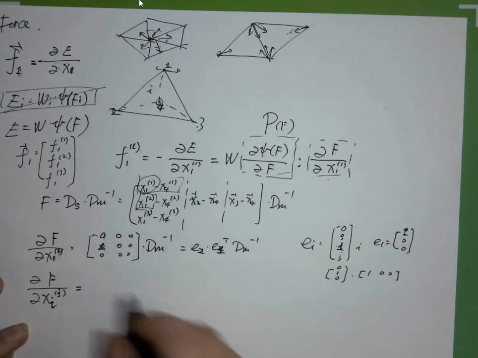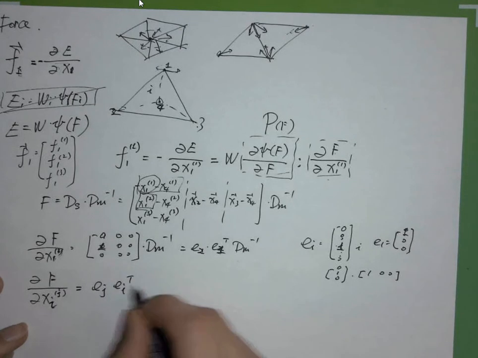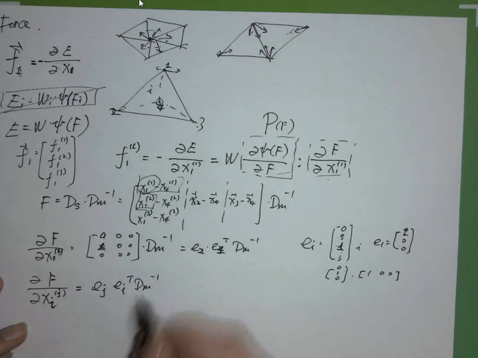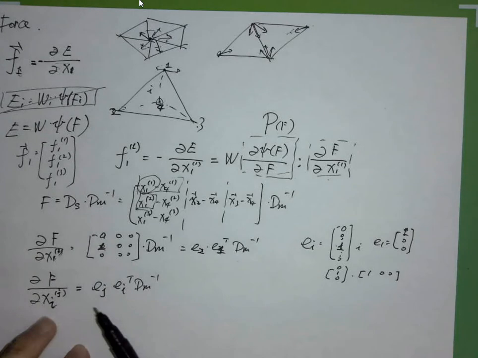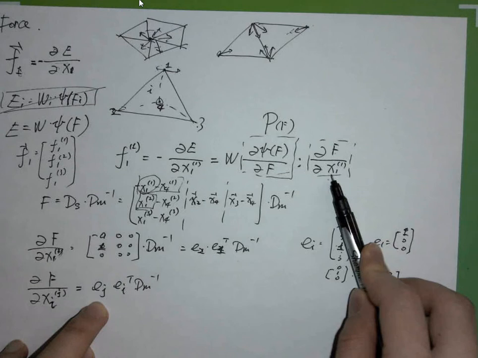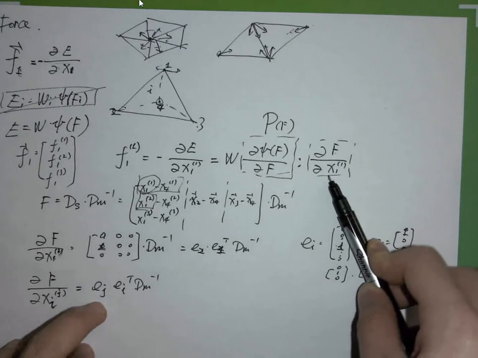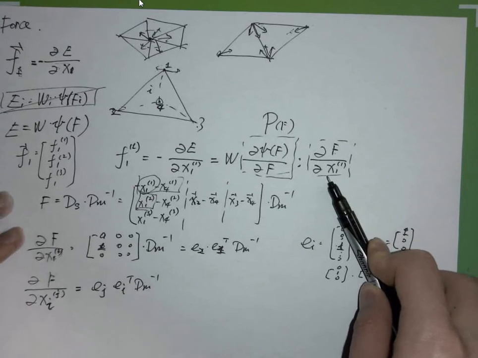It will become Ej multiplied by Ei transpose Dm inverse. Okay, this is good. And then the only thing that we need to do is plug it into the force formulation. And then we can compute the force for every point on every dimension. All right? Okay.